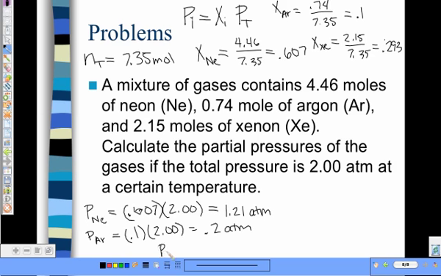Okay, so then the partial pressure for xenon is 0.293 times 2.00. There we go. There's our partial pressures. One way you could check, add those three up. Does it equal 2? They should. There we go.